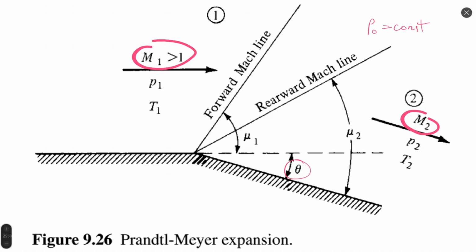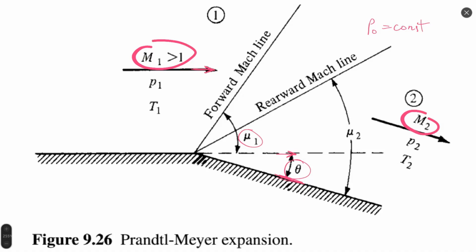So this theta we might see is the angle between body direction and vector of velocity before expansion started. Okay, so this theta. And another geometrical property can be seen as mu1 is the Mach angle.